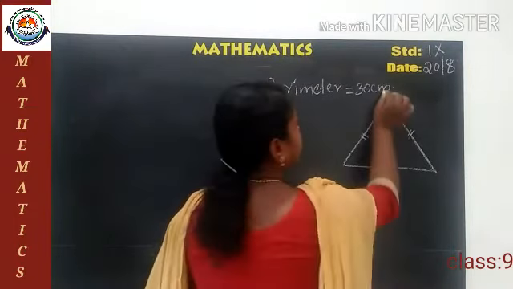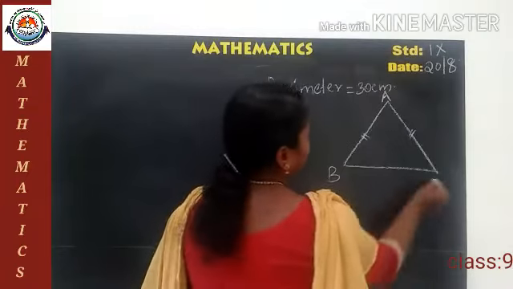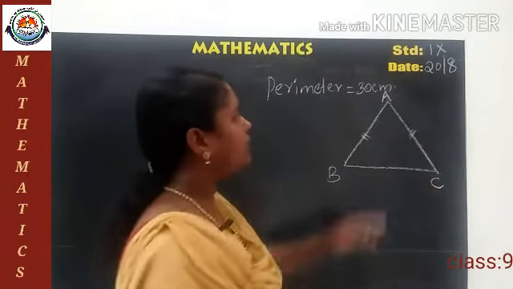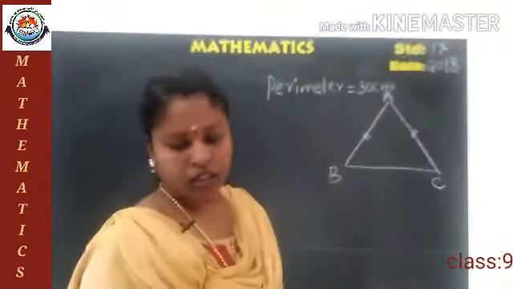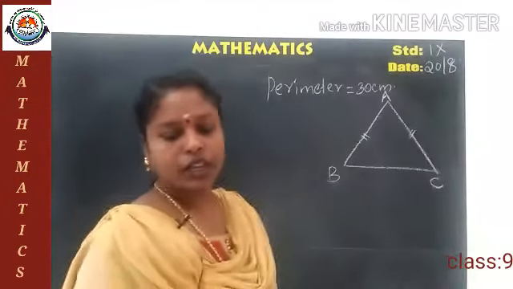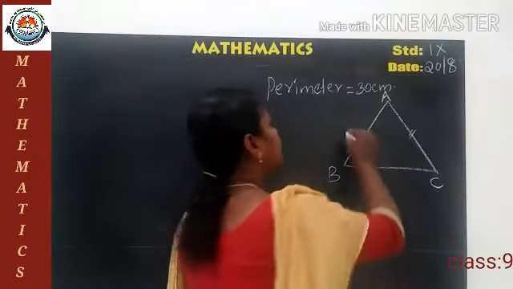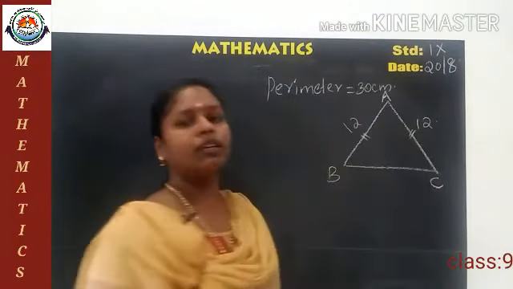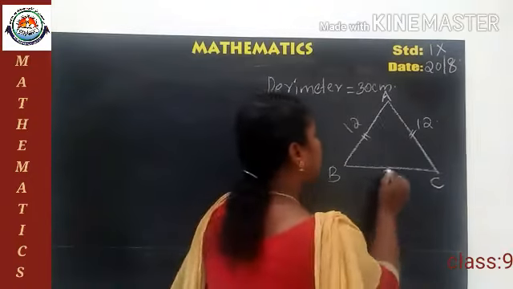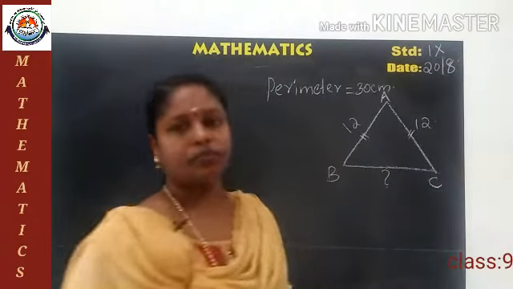Suppose this is isosceles triangle ABC and these are the two equal sides. Each of the equal sides is 12 centimeter. Then these two sides will be 12 centimeter and we don't know the third side.